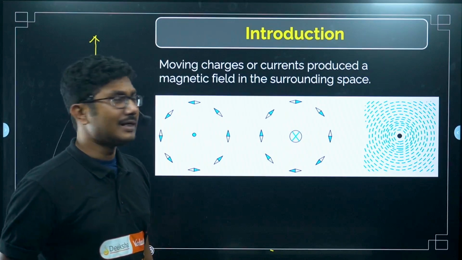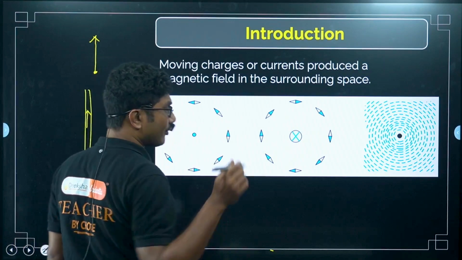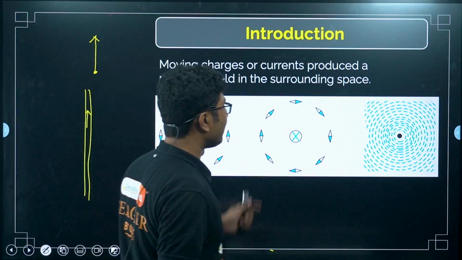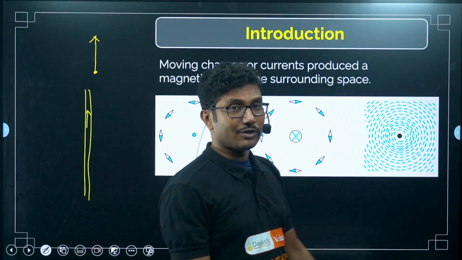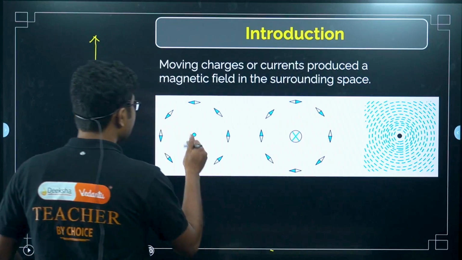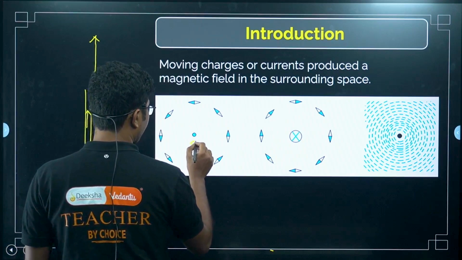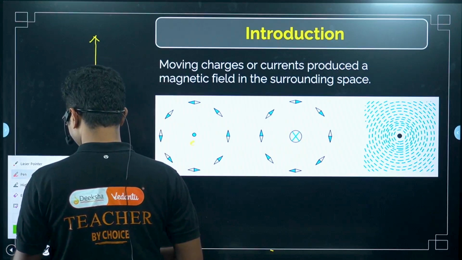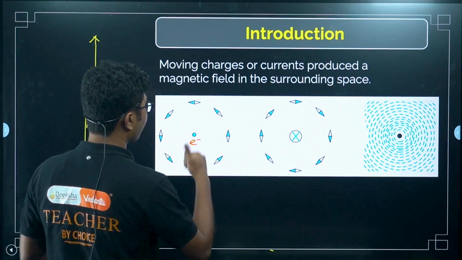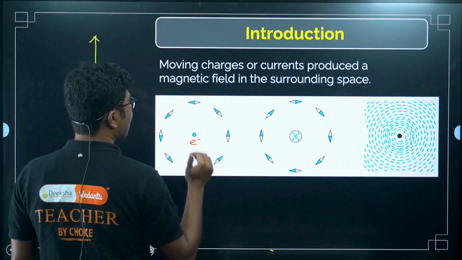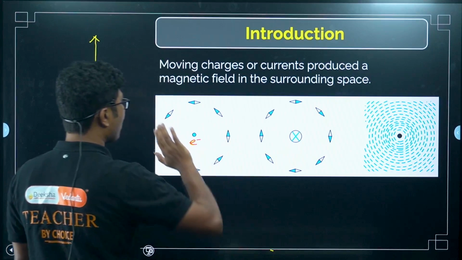Now whenever there is a charge out of the page or into the page, based on the polarity of the charge you can see the direction of the magnetic field. For example, suppose this is an electron and it is moving out of the page. In that case the direction will be opposite.